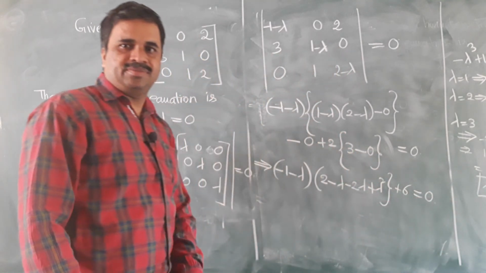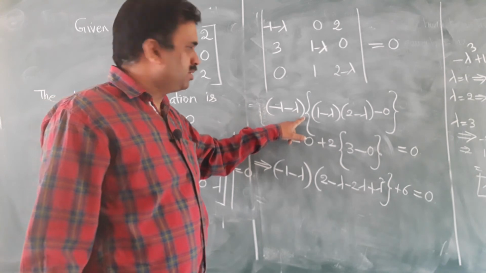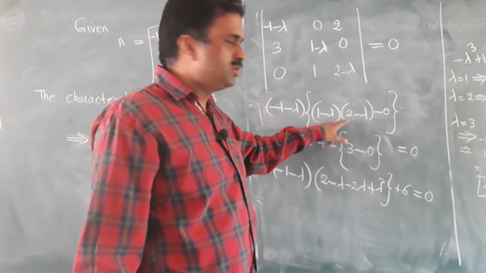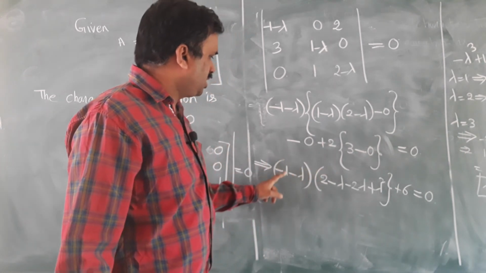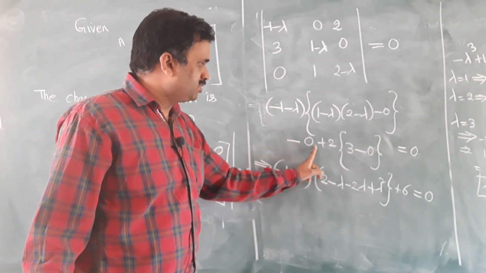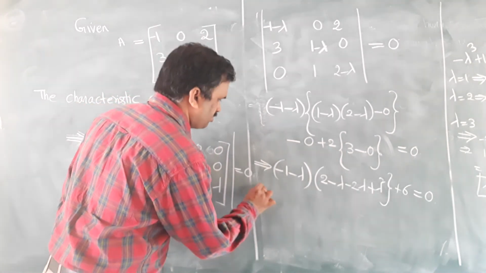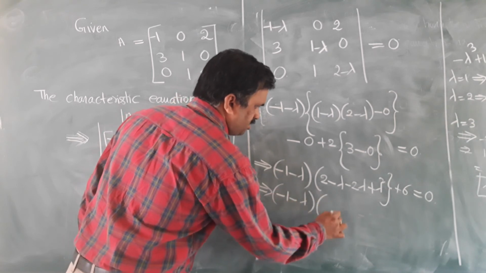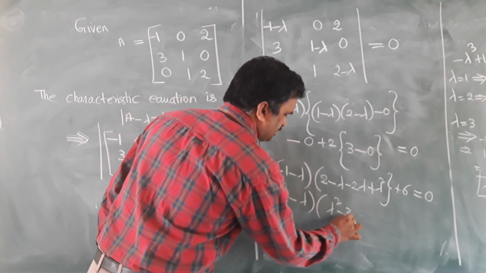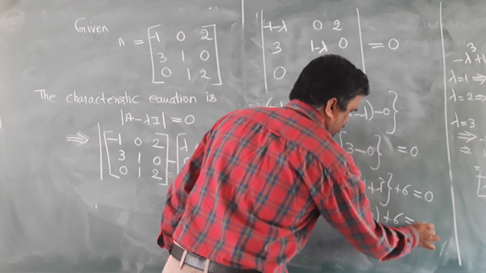So minus 1 minus lambda into lambda square minus 3 lambda plus 2, plus 6 equal to 0.